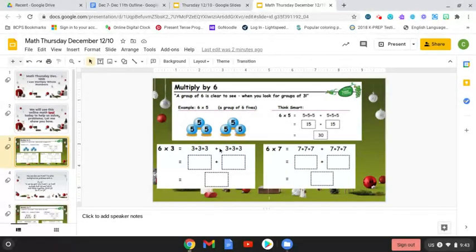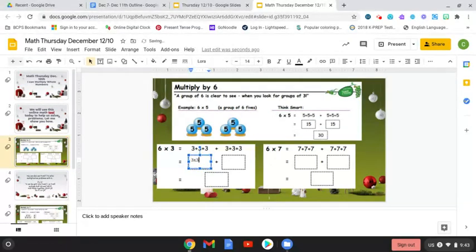So let's look at this example down here. 6 times 3. So this is showing that you could do 3 groups of 3 and 3 groups of 3 because you're splitting that 6 into 3 and 3. So instead of doing 6 times 3, you could do 3 times 3 and get 9, and then do another 3 times 3 to get 9.